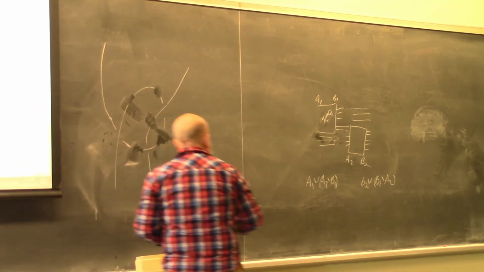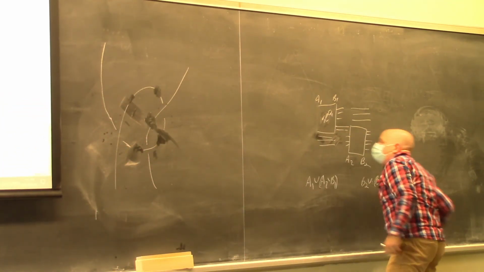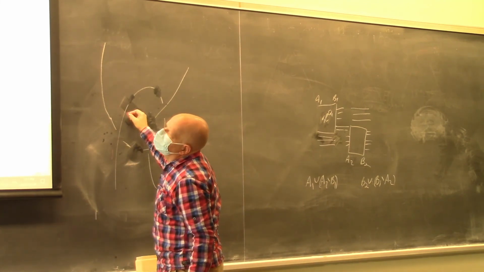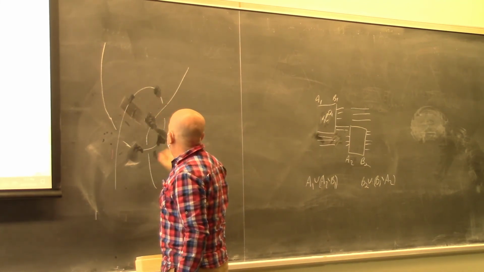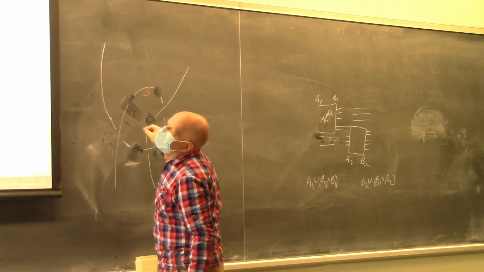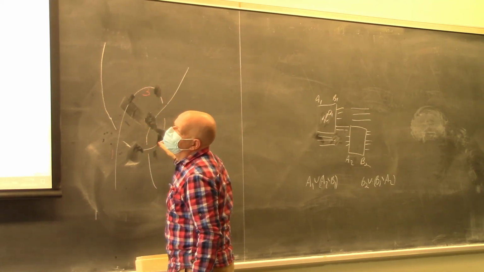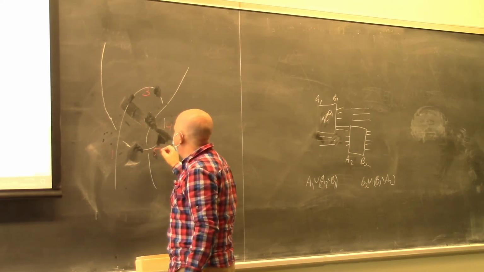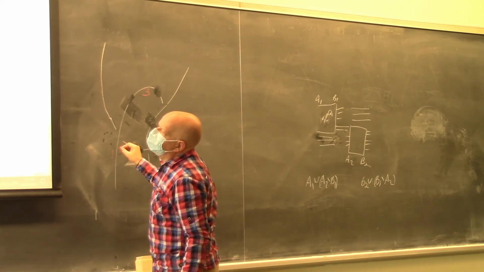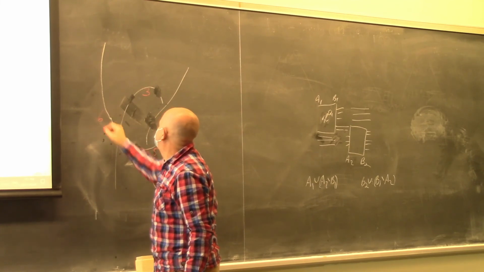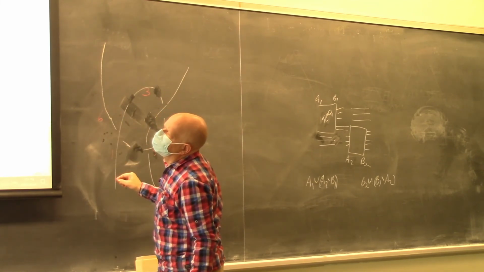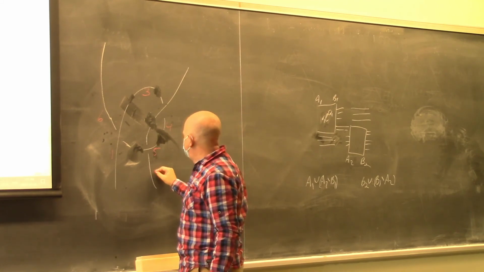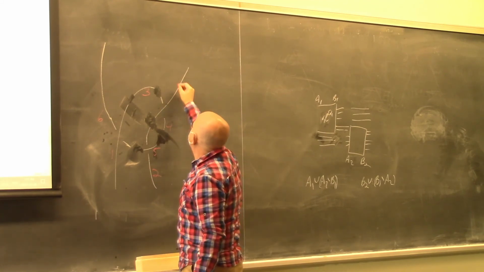So the tensor factors are named 1, 3, 4, 5, 6, and 2, and 7.